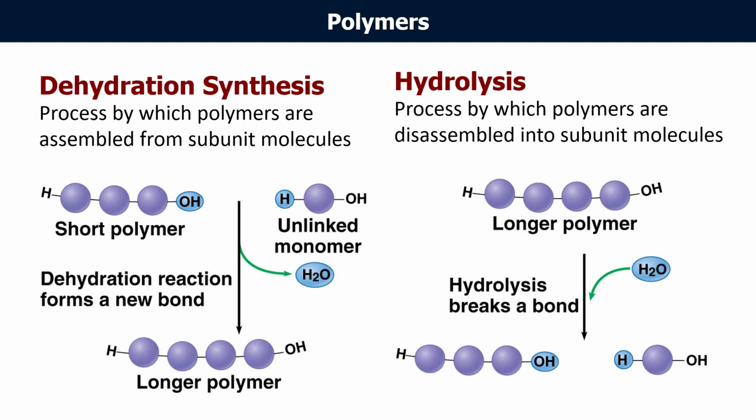So those are the processes. Whether you're taking apart a protein or a carbohydrate, we would use hydrolysis. Sometimes you will hear hydrolysis referred to as digestion. So if we want to digest a polymer, if we want to disassemble it into these subunits, we would use the process of hydrolysis to do that.